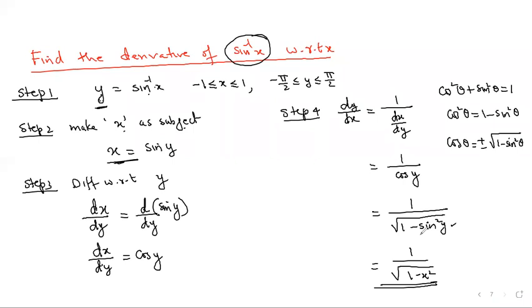But I did not write plus or minus. I wrote only plus. Can anybody tell me the reason? Is it right or should I...? Yes? Sir, because it is the values of minus 90 to plus 90. Excellent. Because y lies in which quadrant? Y lies in first or fourth.